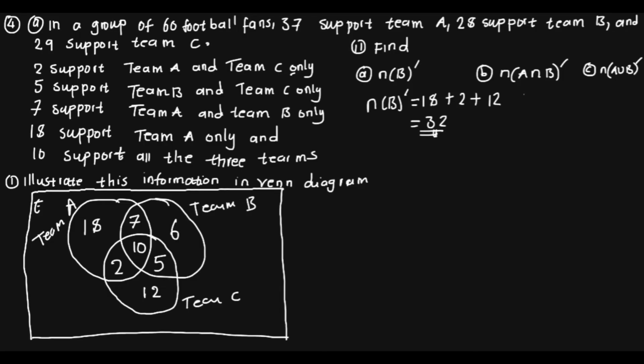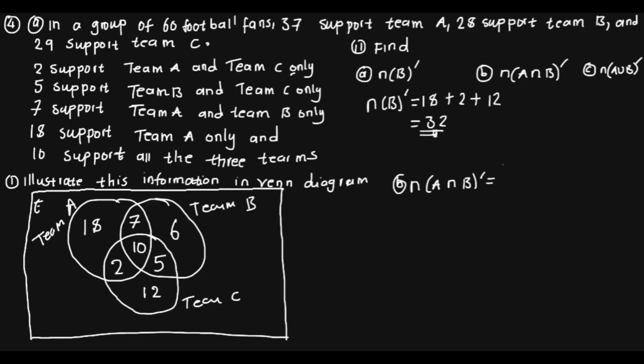Okay, let's move on to this one. I'll write it here. So number of fans of A intersection B complement. So intersection B complement, A intersection B, this region here. So these numbers must not be part of our answer.